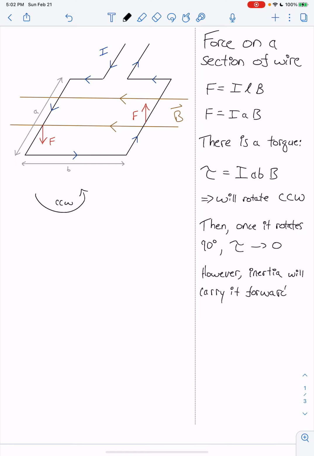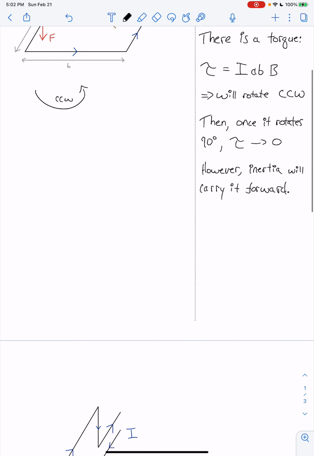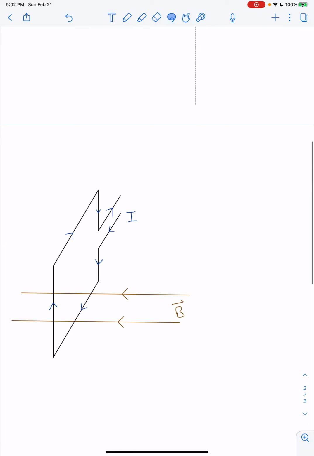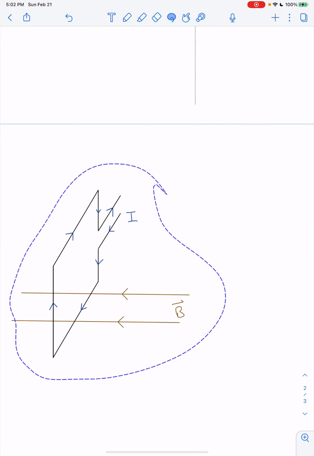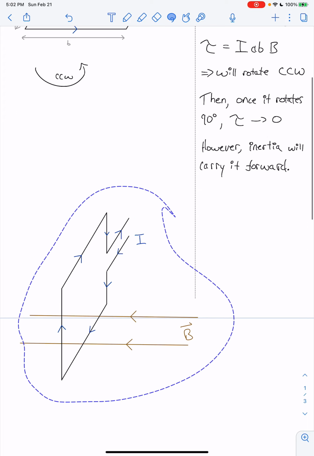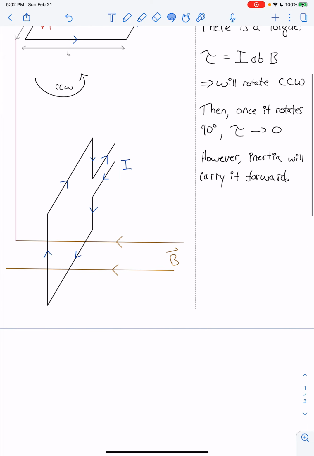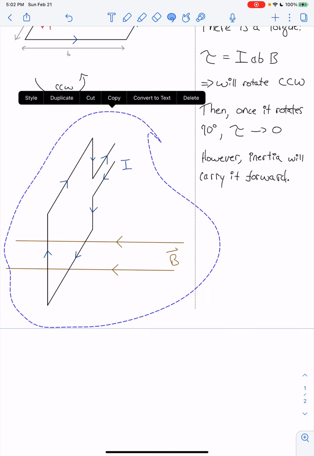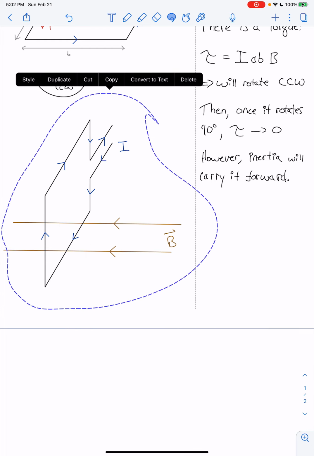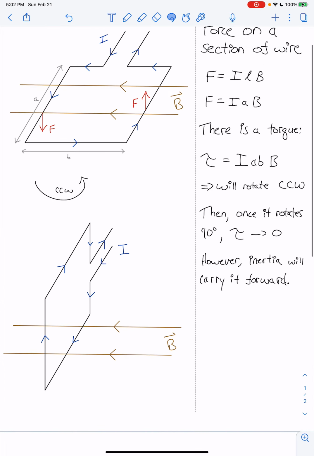Well, let's take a look at what's going on at that point in time. I've got this prepared, so I'm going to move it up. This is the same apparatus, but now it is rotated that 90 degrees. Now we see the same electric currents in the same magnetic field, but we're not going to have that same torque.